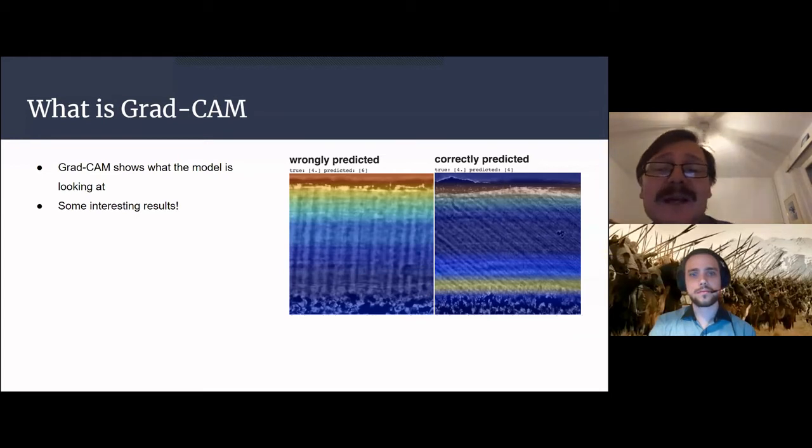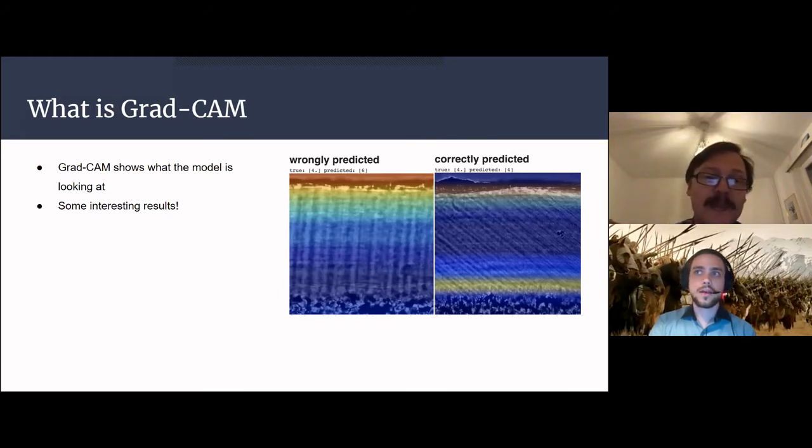And next to it, you see a correctly predicted image. Here you see that whenever the image was correctly predicted, the model paid more attention to parts which belong to the tooth cementums. So we got more confident that actually the model could potentially learn from the tooth cementum.